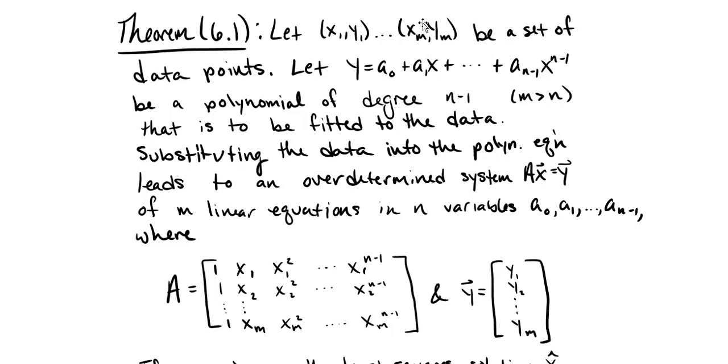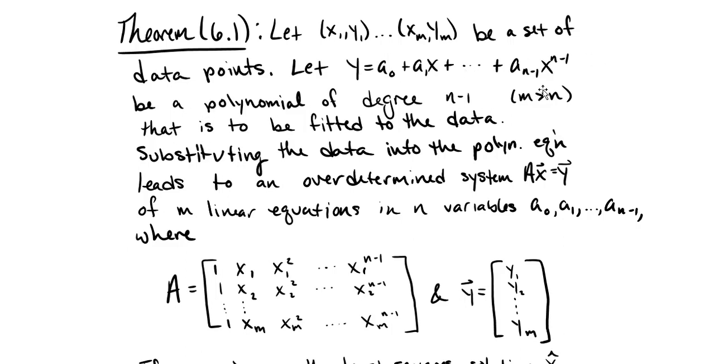You might remember how many data points, or what degree, we need to exactly match a certain number of data points. Here we're saying, what if we have more data points than n, where the degree of our polynomial is n minus 1.